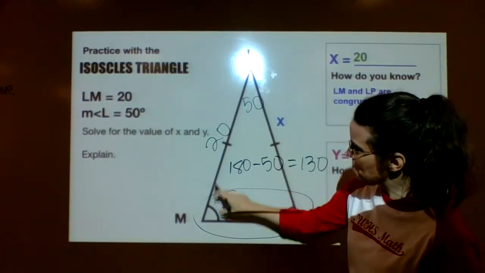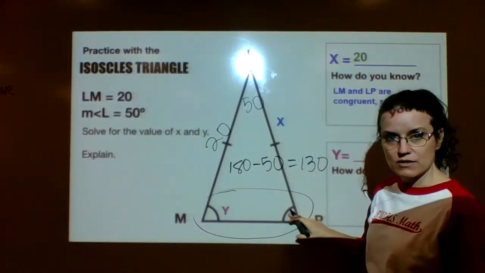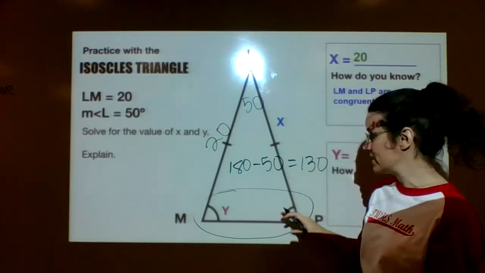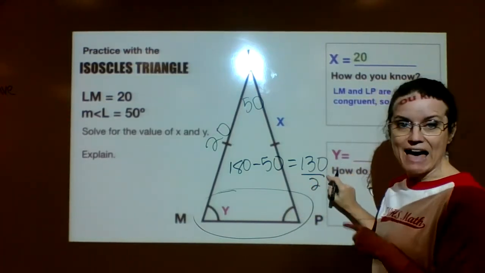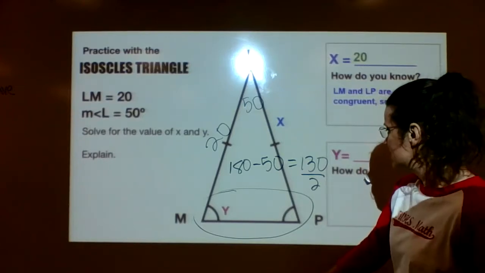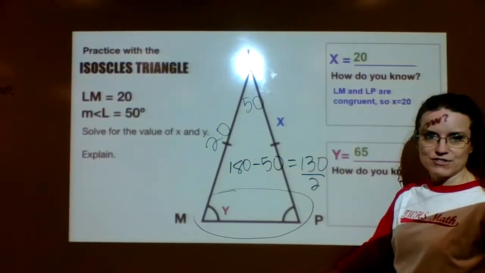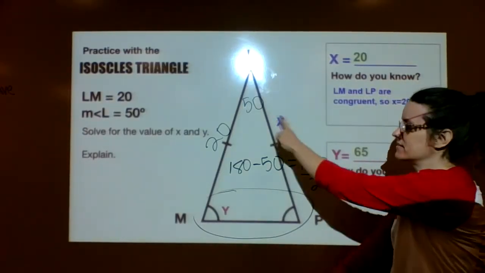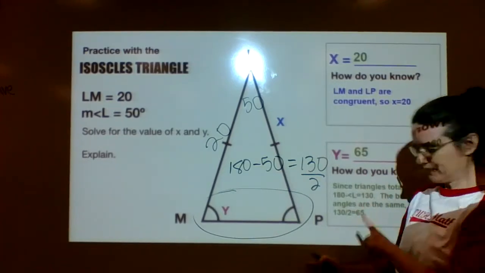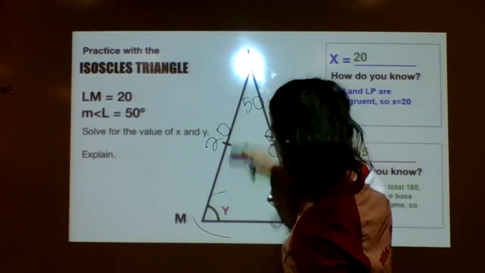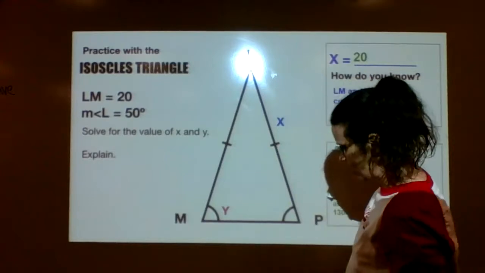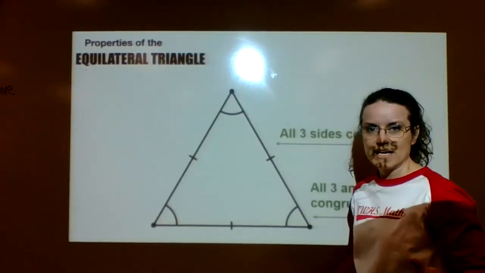And since they are the base angles opposite the congruent sides, I know they're congruent. So they each get to be half of that 130, and they end up both being 65 degrees because of all this stuff I just told you. All right? And so we're always just using those properties of the isosceles triangle to answer the questions.